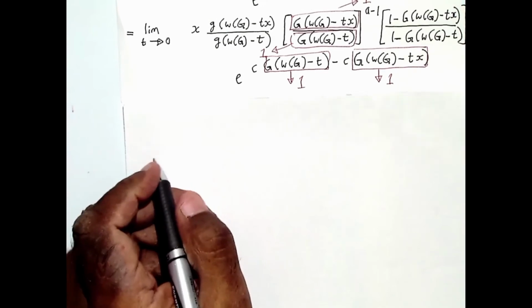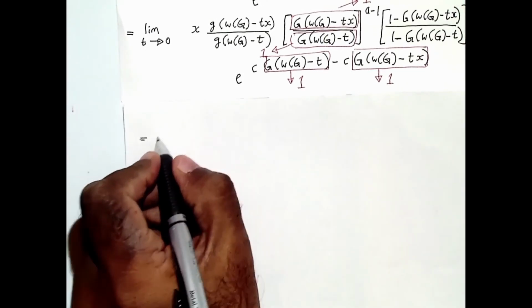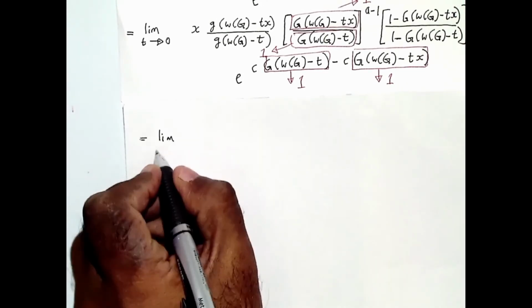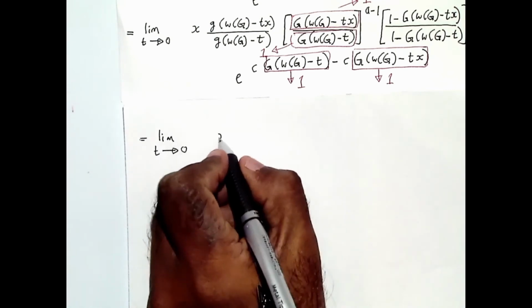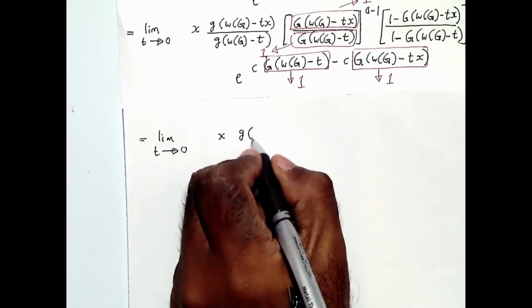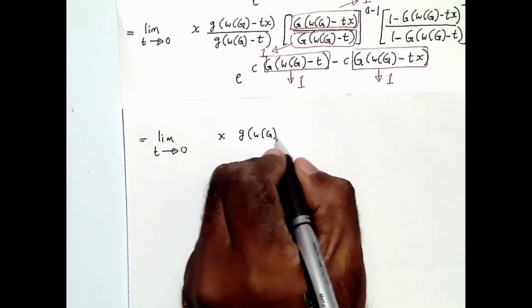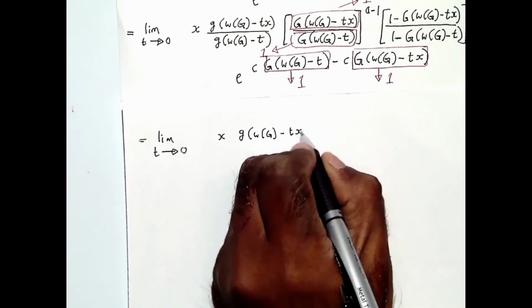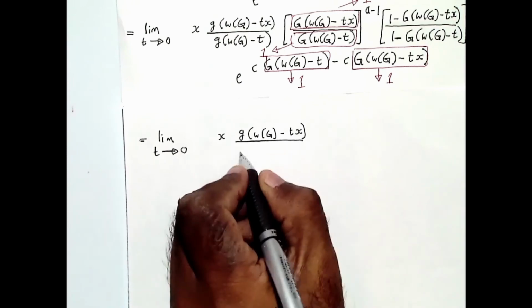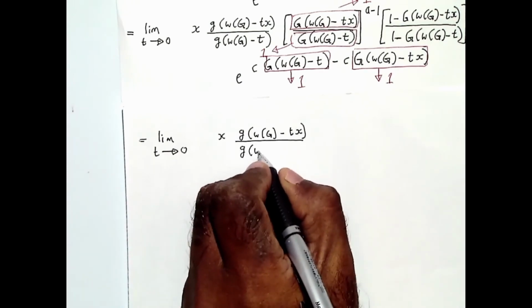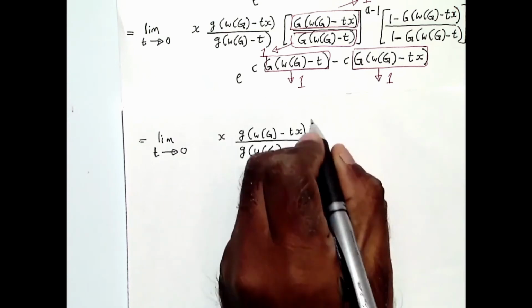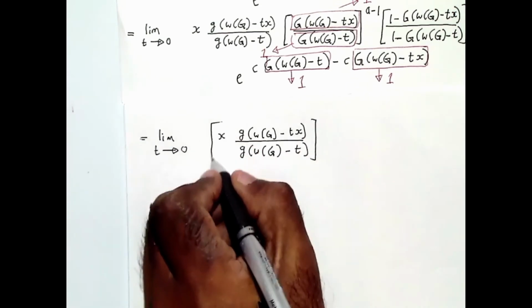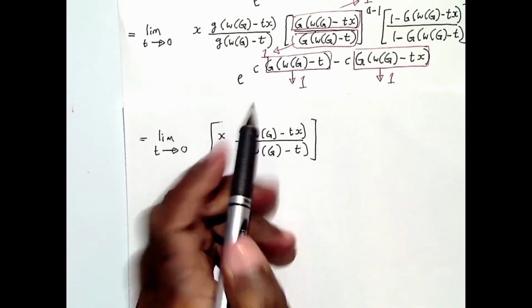You get the limit as t approaches 0 of x times... that's these two terms.